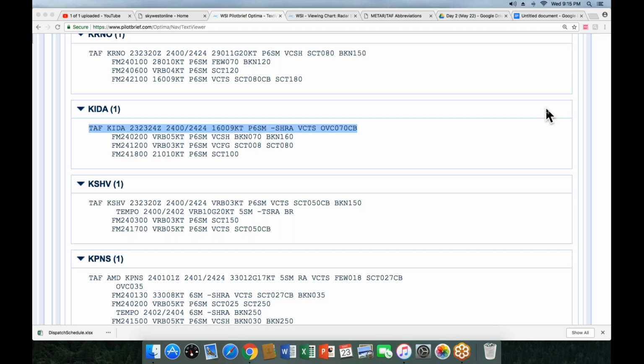This is 2400 Zulu. Yeah, so 24-hour window basically. The winds are from 160 degrees, 9 knots. Sorry, my head's so full. I'm looking at P6 statute miles.